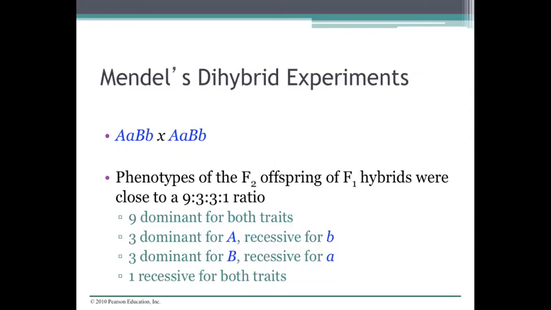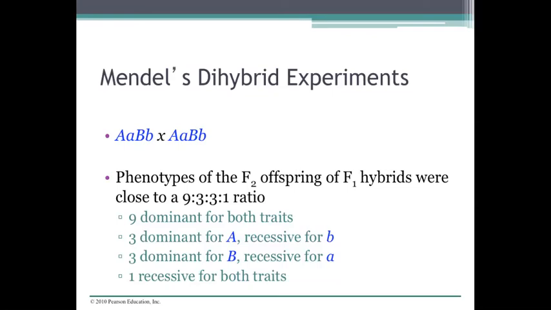Both of them get passed down independently of the other. The A does not depend on the B. And that's very important. That's one of Mendel's laws of independent assortment. All of that is written about in the lecture I have online, and I highly recommend that you go over that.